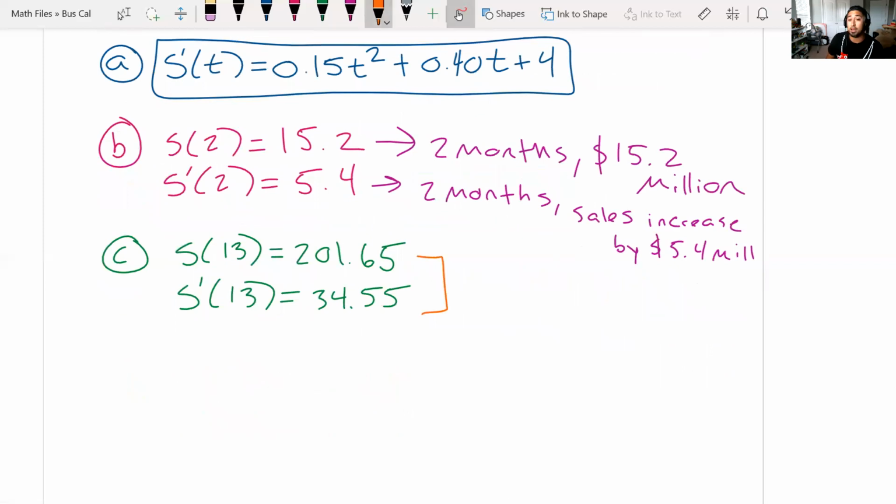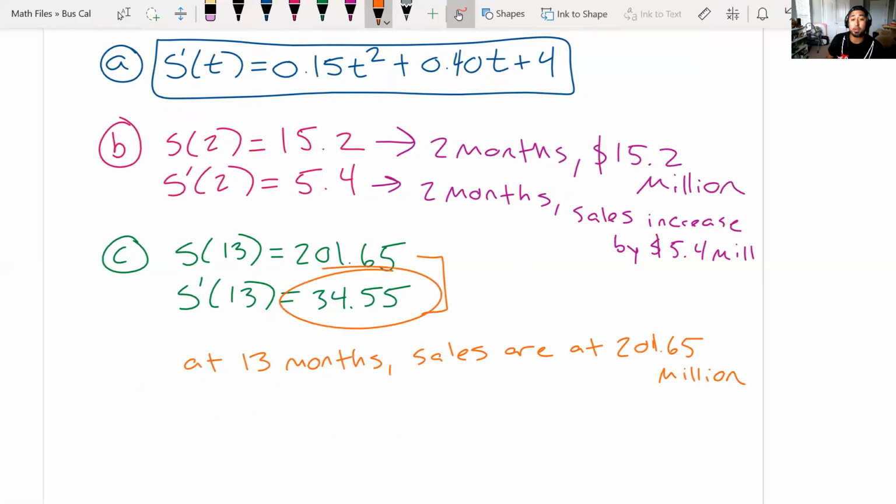So for these, we can say at 13 months, sales are at 201.65 million.